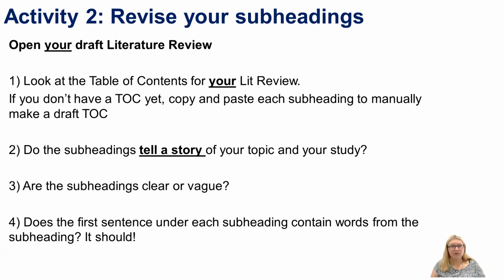So looking at your table of contents, or if you don't have one, you can make a little mini one by copying and pasting, or just leave some notes next to each one. Do you think they tell a story of your topic? Do you think you're scaffolding the reader? Are you giving the big concepts first and then coming down and giving the concepts that come under those big themes? Are they clear or are they vague?